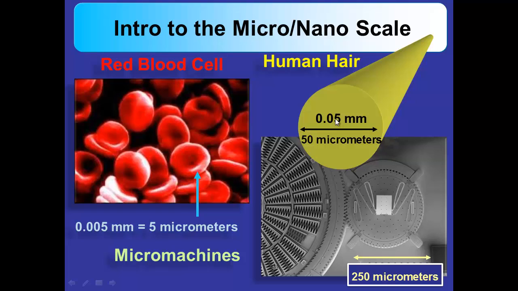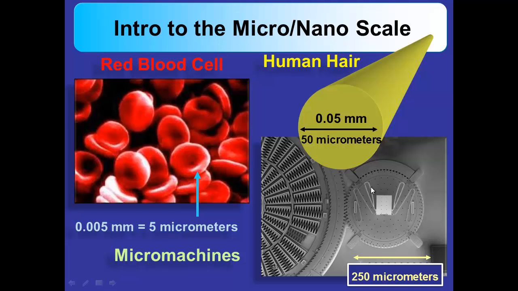So once again, just to give you another idea about the scale we're working at, we'll start here with human hair. I use this quite frequently to try and explain the size scale of some of the devices we're dealing with. The average human hair is about 50 micrometers in diameter. A red blood cell is about 5 micrometers, so about 1/10 the diameter.